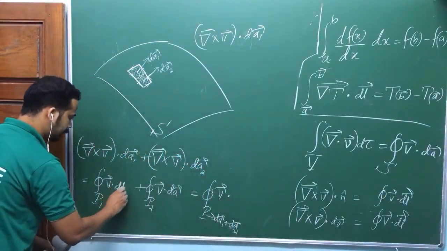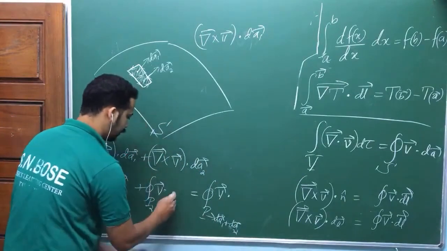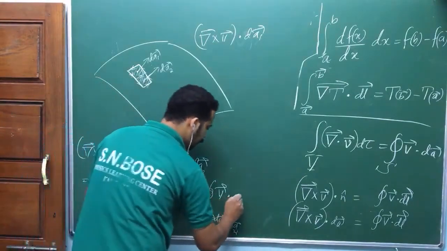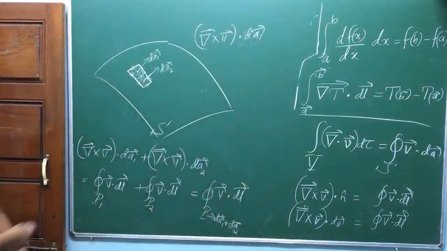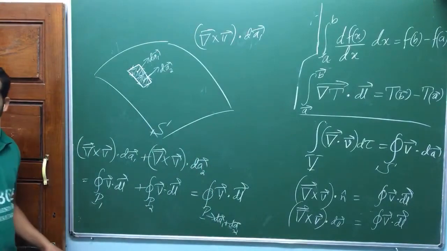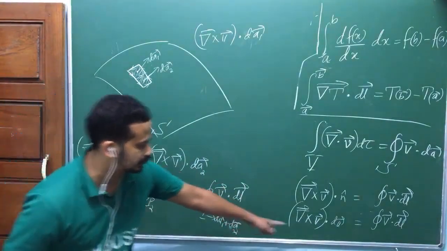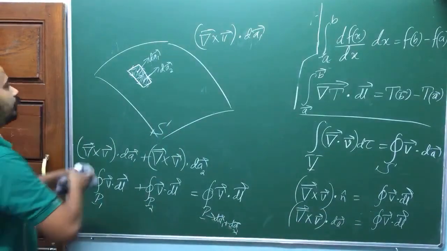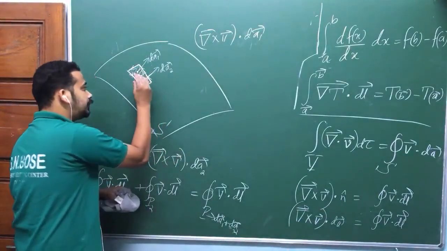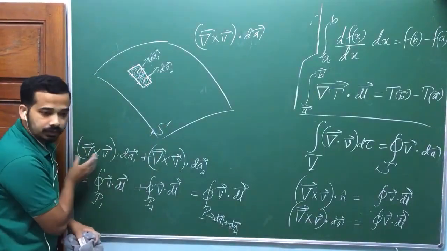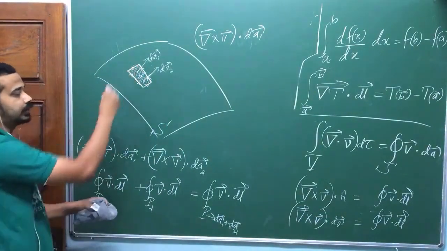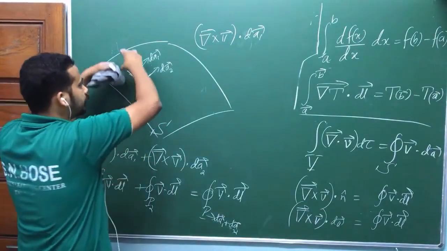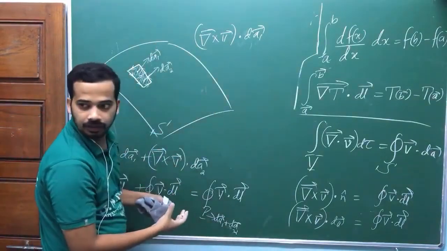Tell me, path integral, am I right? V bar dot dl bar, path integral, right hand side. I am just taking this statement. Is that okay? Now if you do the same thing, take it as infinitesimal, because these are point operations, and do the same thing throughout the surface area.